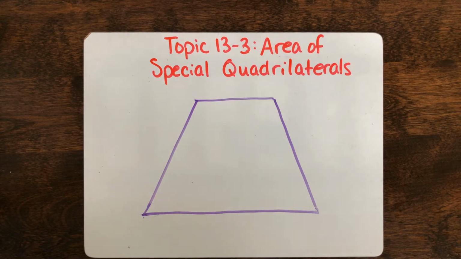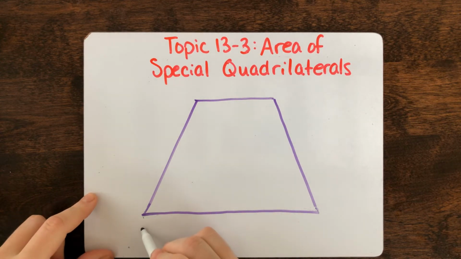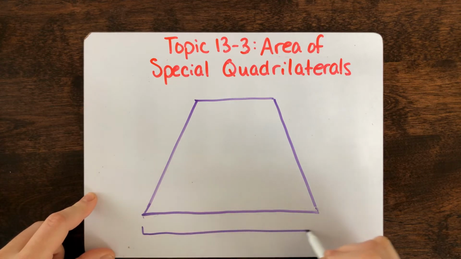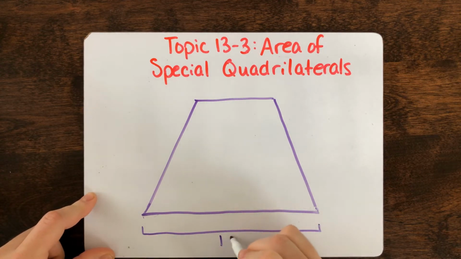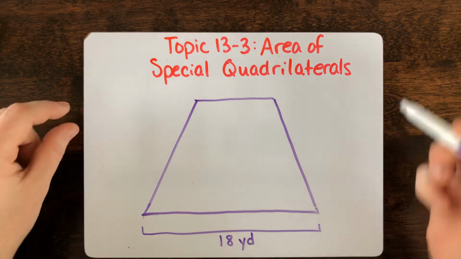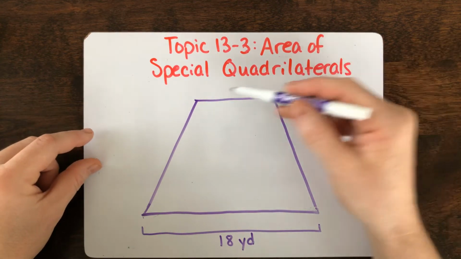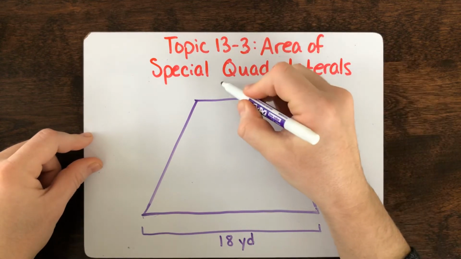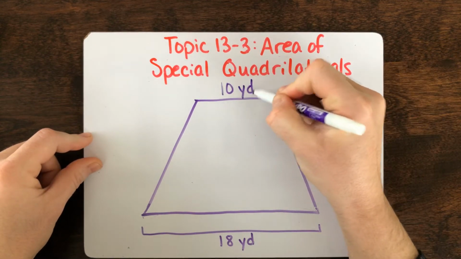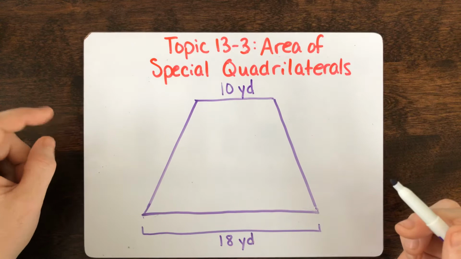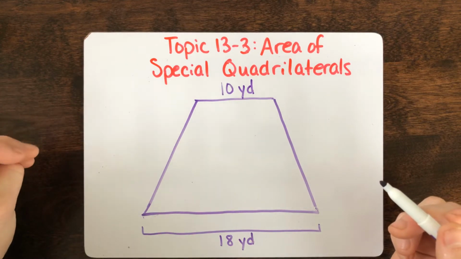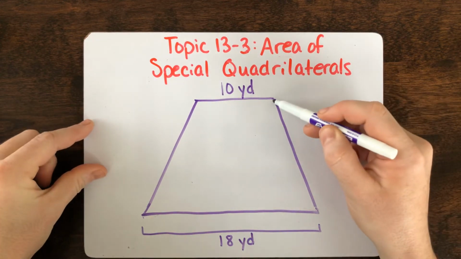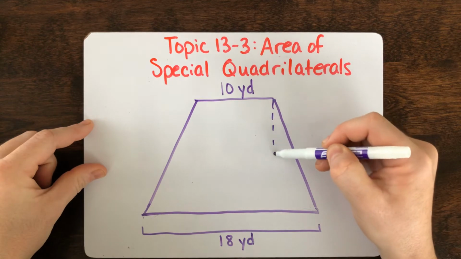So we're given some information, so don't worry about trying to figure that out. We're given that this whole entire base is 18 yards. And we're given that this top base is 10 yards, okay?